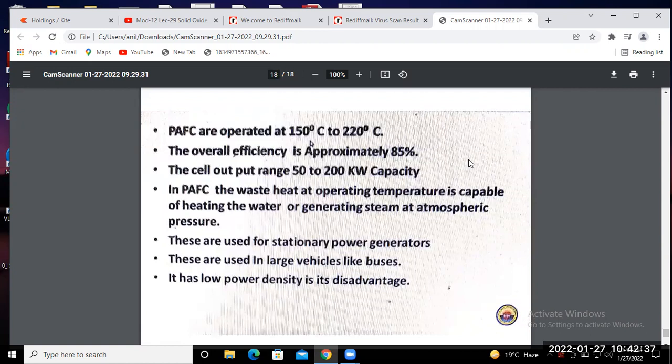The cell output ranges from 50 to 200 kilowatts, so the power capacity is also increased here for the phosphoric acid fuel cell. These are used for stationary power generation and in large vehicles like buses. However, it has low power density, which is a disadvantage.